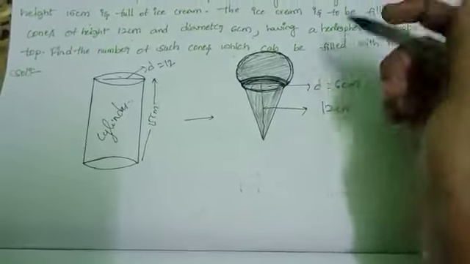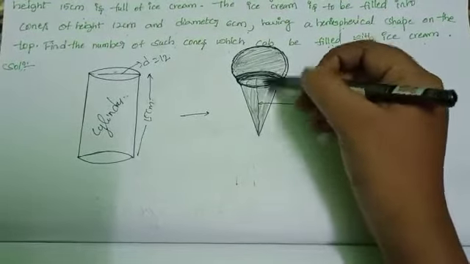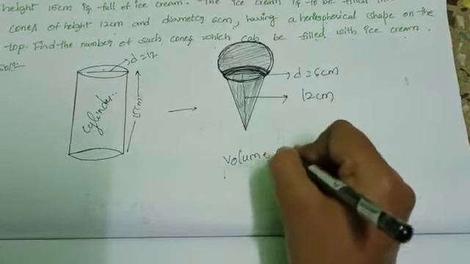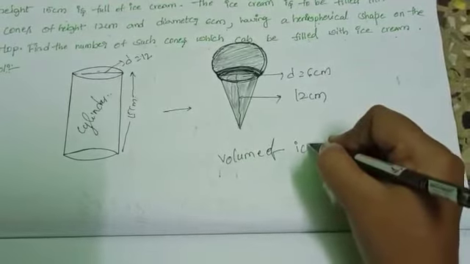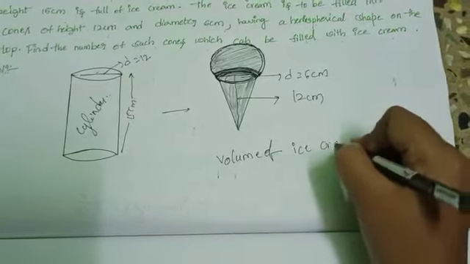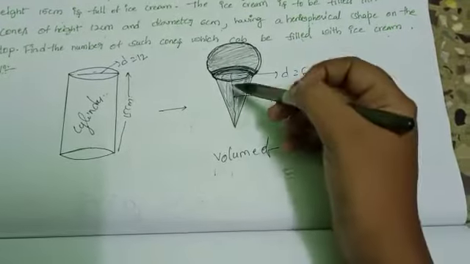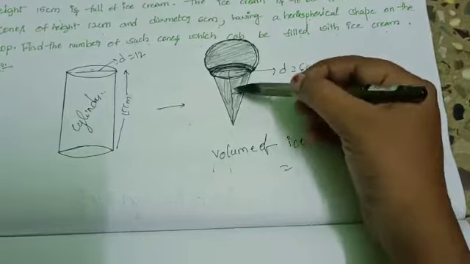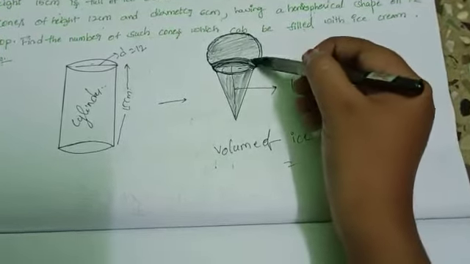Okay, what is the volume of the ice cream cone? The ice cream cone is in the shape of a cone and a hemispherical part.